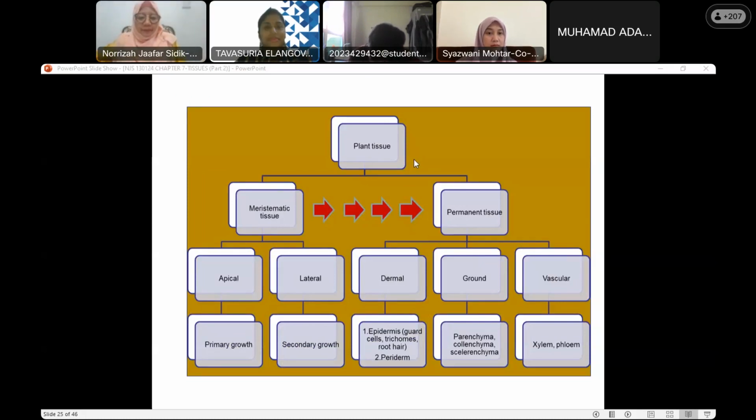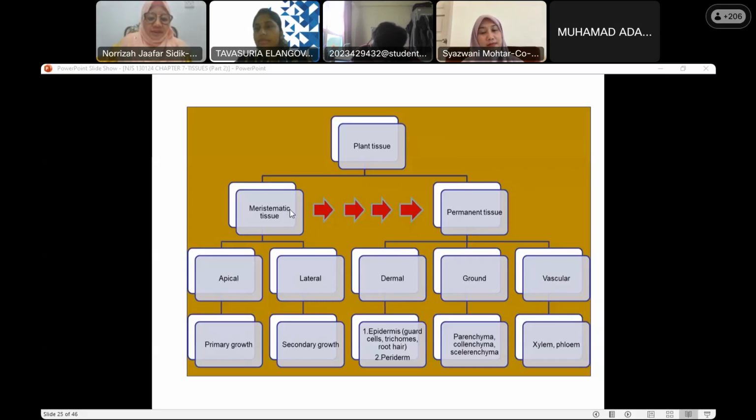We have covered the plant tissues just now. I summarize it. The meristematic tissues can divide and differentiate into what we call permanent tissues, which can be divided into 3 categories: the dermal, ground, and the vascular.